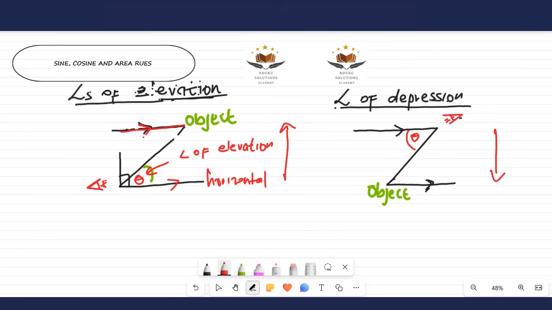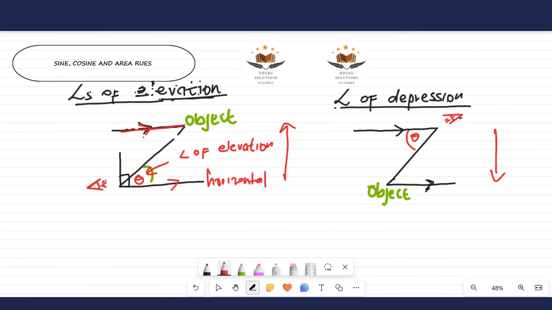So this becomes your angle of depression. Makes sense? Good. All these concepts we are preparing so that when we talk about the sine and cosine rule and the area rule, you'll be able to follow. So we're just revising the concepts that we have learned in the previous chapters.